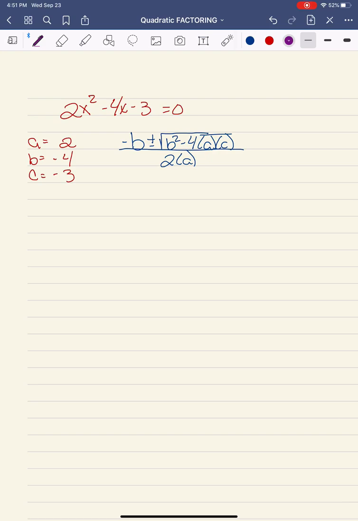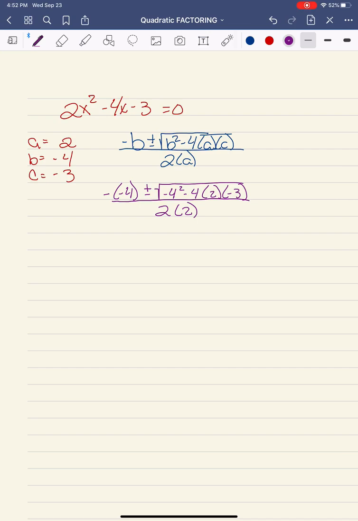So for negative b, I have negative negative 4, plus or minus the square root of negative 4 squared minus 4 times 2 times negative 3, all divided by 2 times 2.